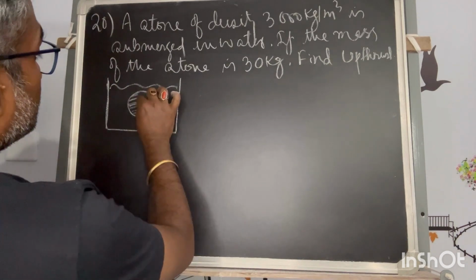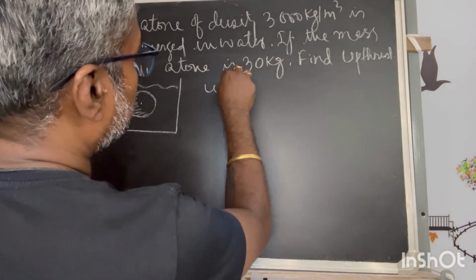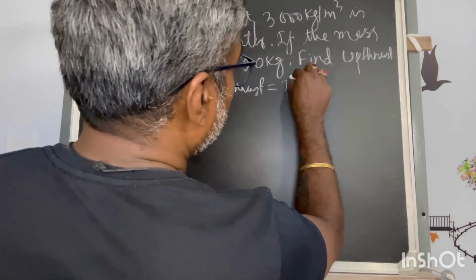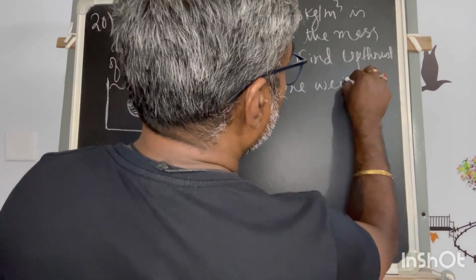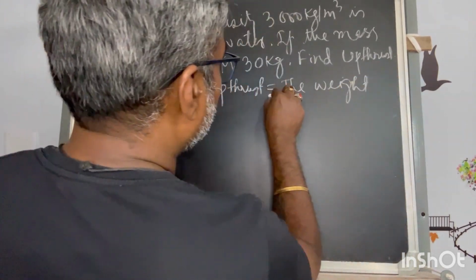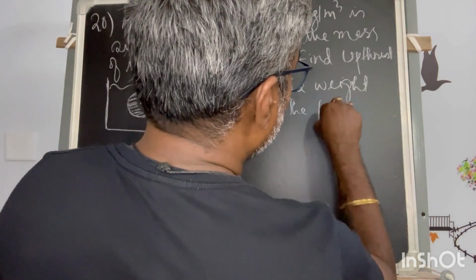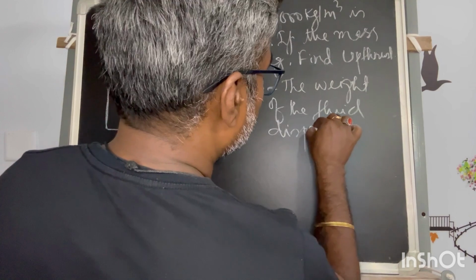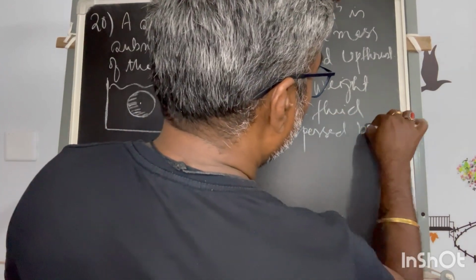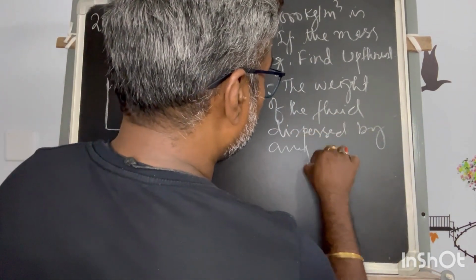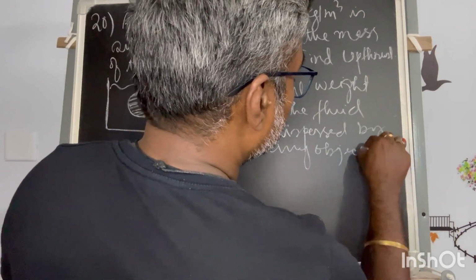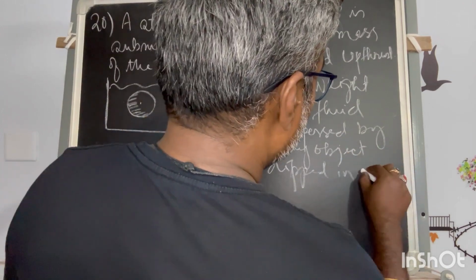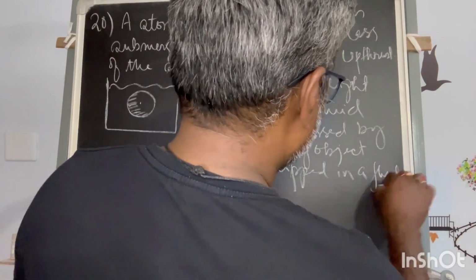So as per the definition, what is upthrust? Upthrust is equal to the weight of the fluid displaced by any object dipped in a fluid.